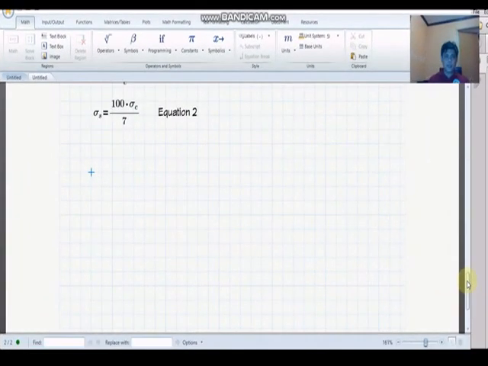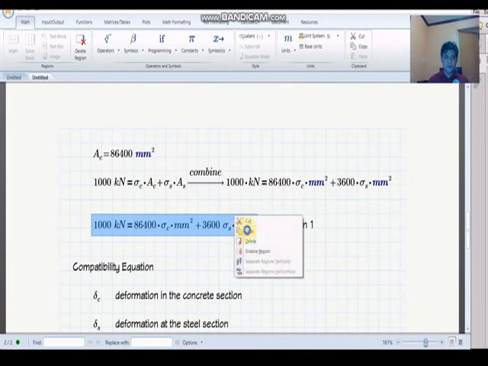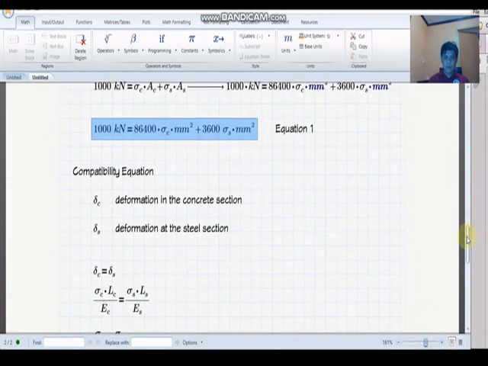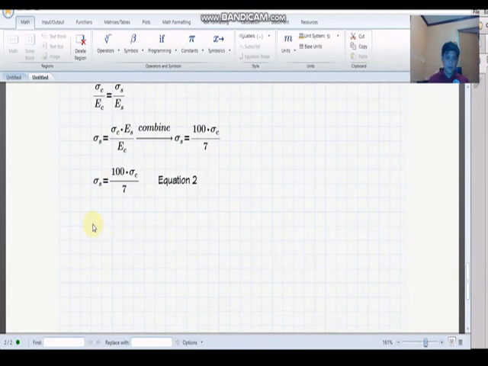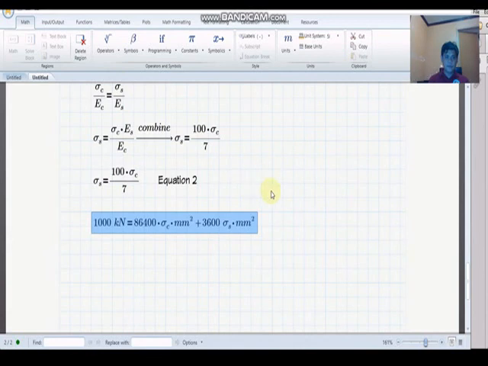Now it's time to combine the two equations. Let us copy our equation 1, and then substitute our stress for steel in terms of the concrete.